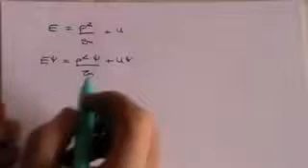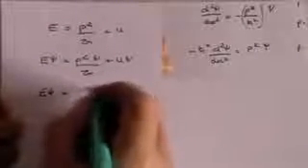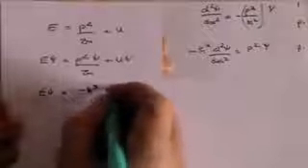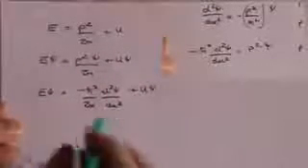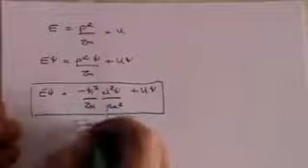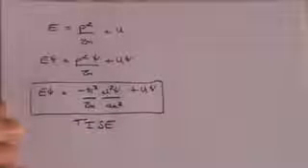But p squared psi is minus h bar squared d2 psi by dx squared, and we've got a 2m there, plus U psi. And that is the time-independent Schrodinger equation.